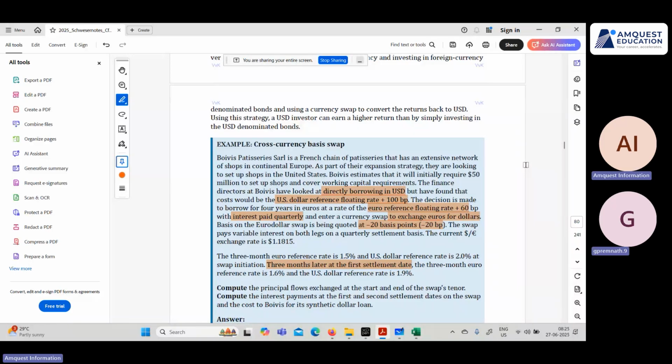So that comes to about $237,500. Correct. Now, I've just converted into euros. How much that is, using the same exchange rate, which is 1.1815.